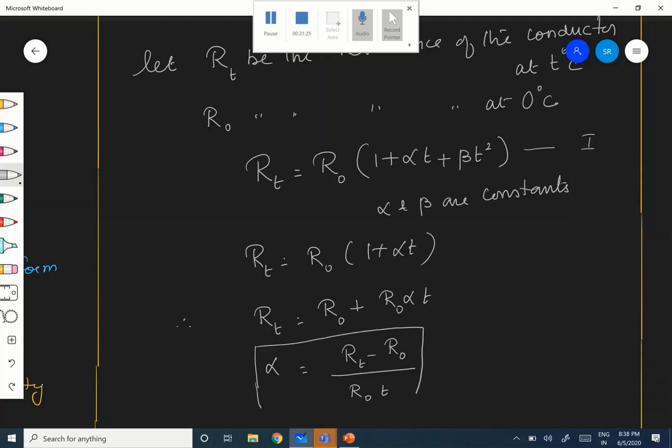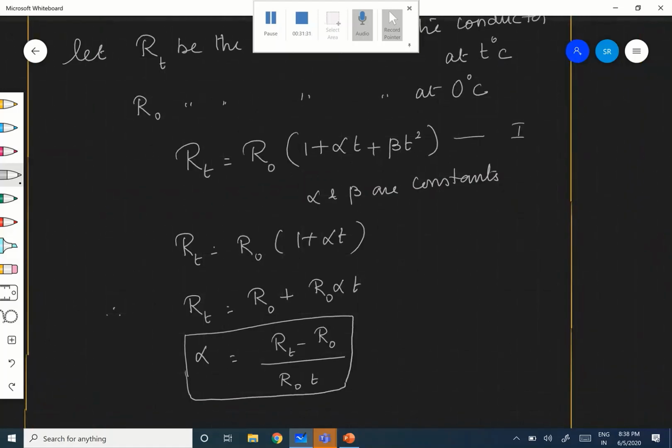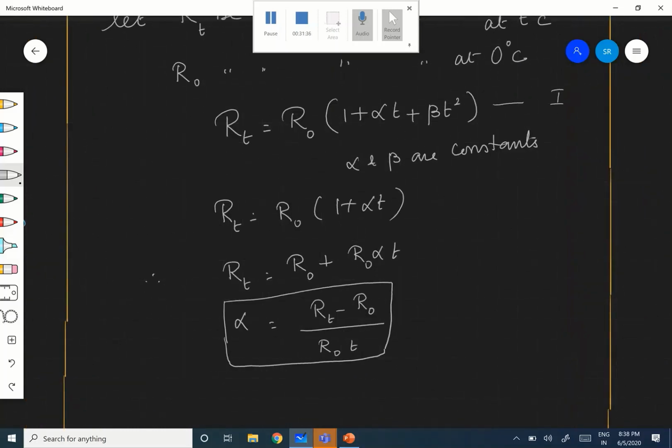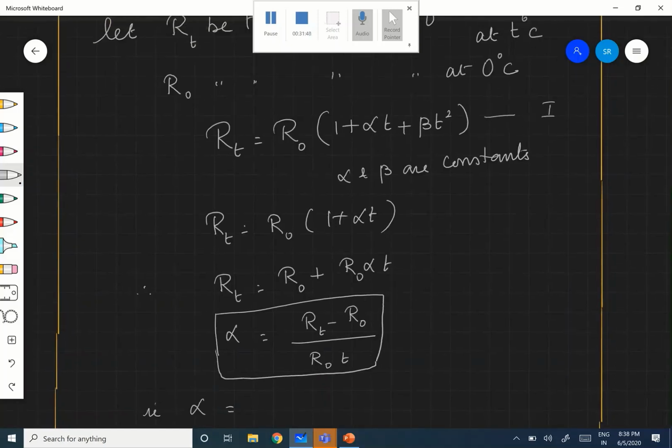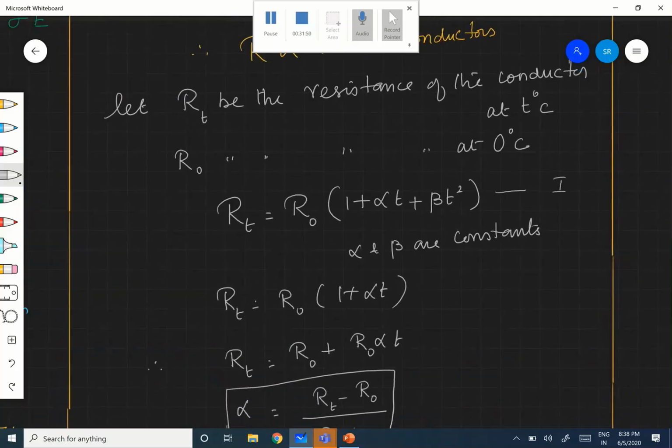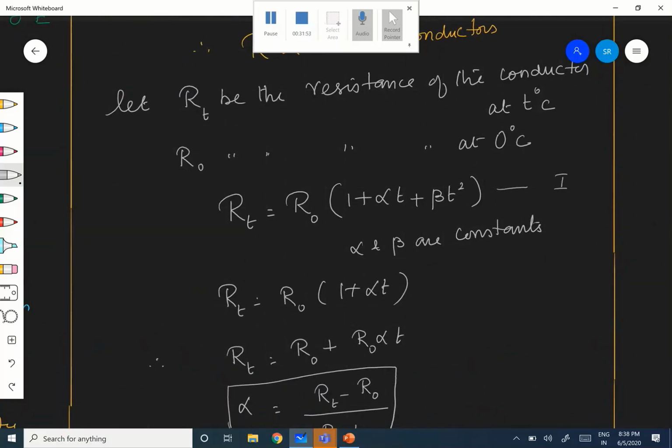This is RT minus R naught divided by R naught into T. Now you know very well for a conductor, where T is in degrees Celsius and the reference is 0 degrees Celsius, definitely, what is that?